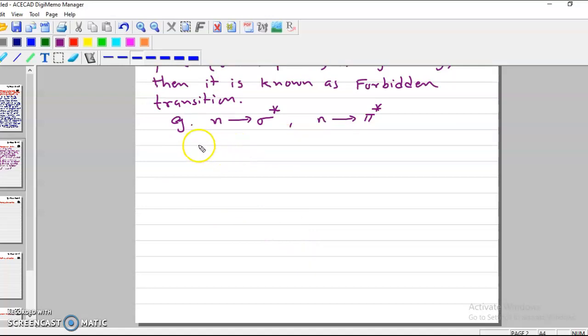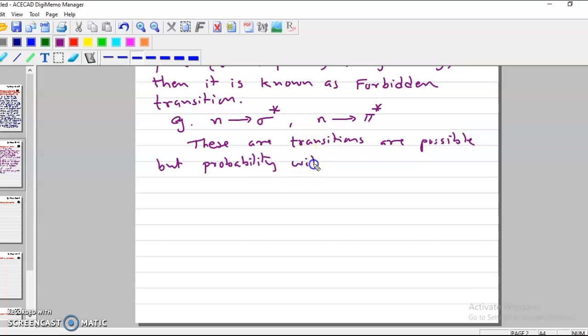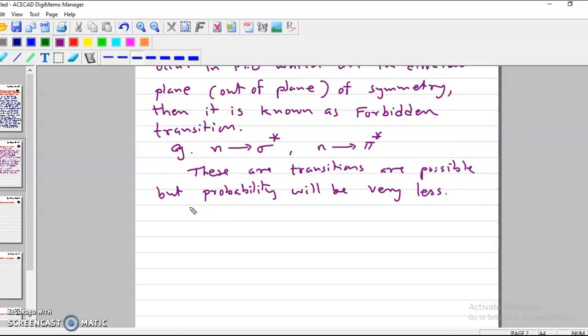These transitions are possible, but the probability will be very, very low. That is the condition of this type of transitions.